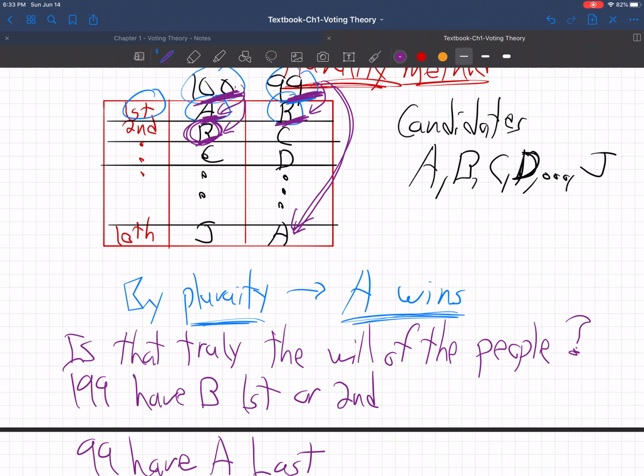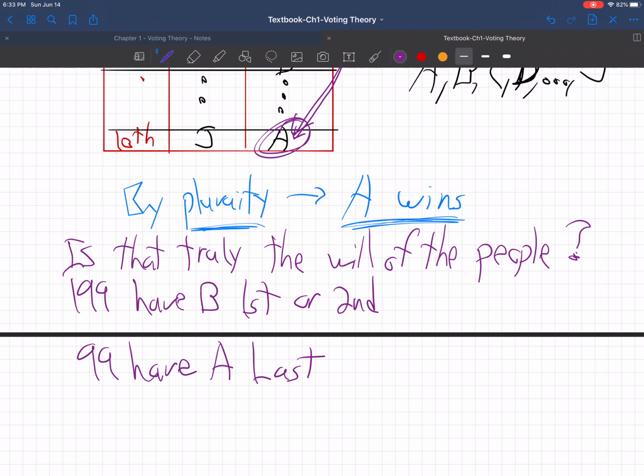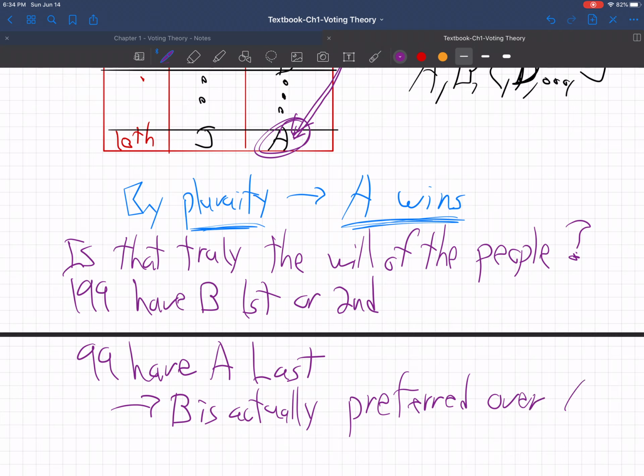Yeah, A got one more first place vote, barely, 100 over 99. But everybody else likes B. B is first or second for everybody, whereas A, half the crowd can't even stand A. So B is actually preferred over A.